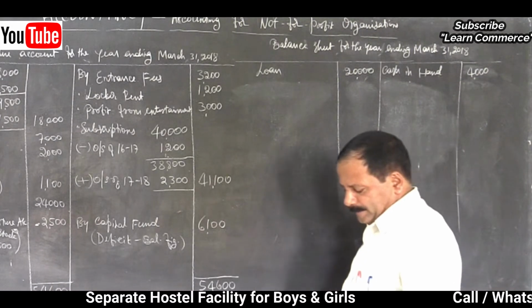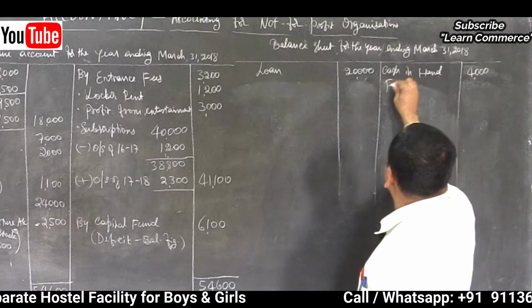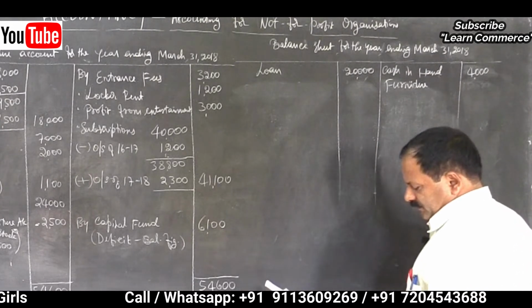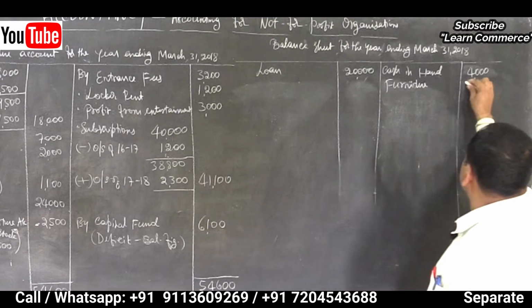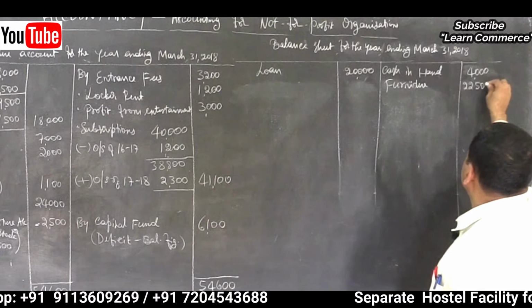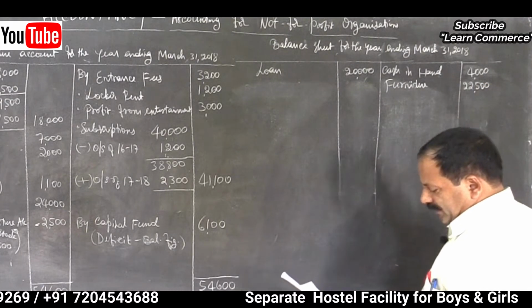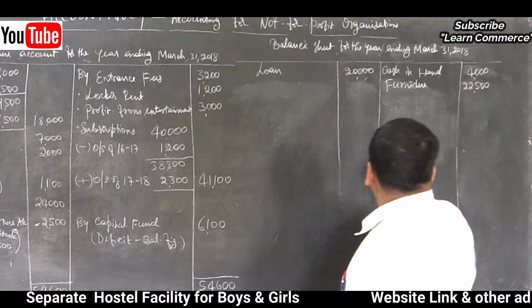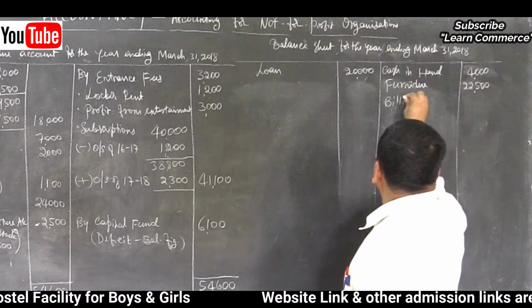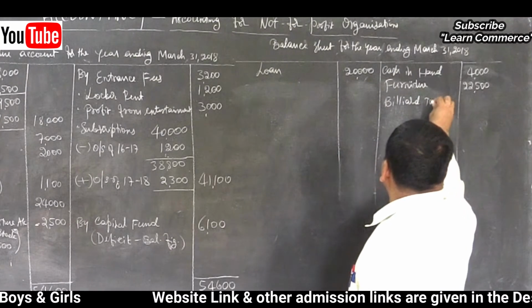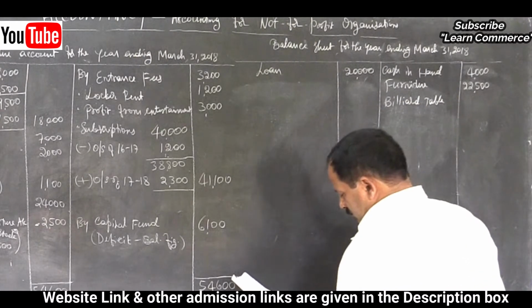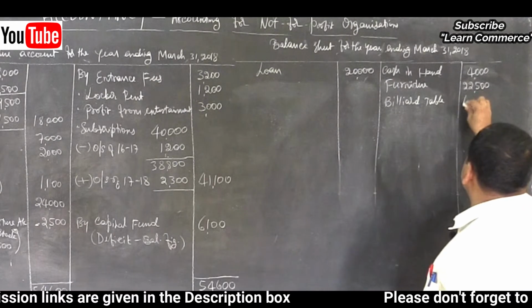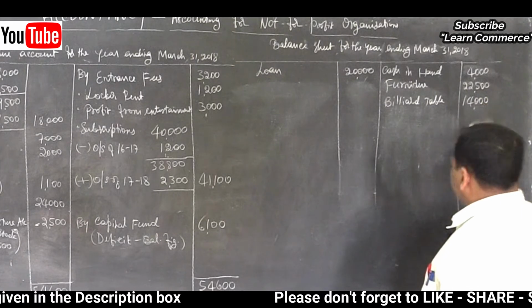Then there is furniture, isn't it? 22,500. Billiard table. How much? 14,000.